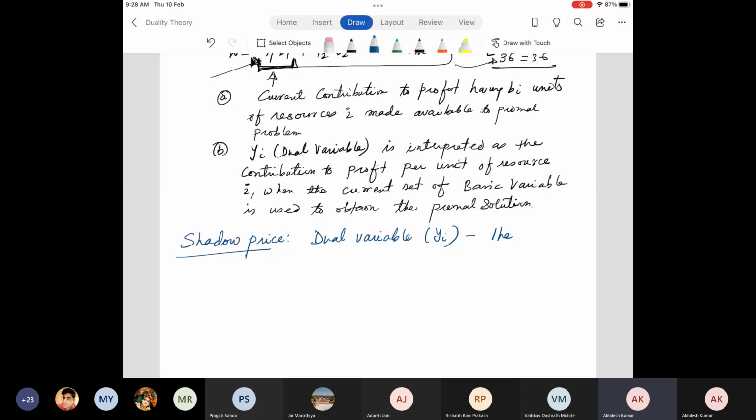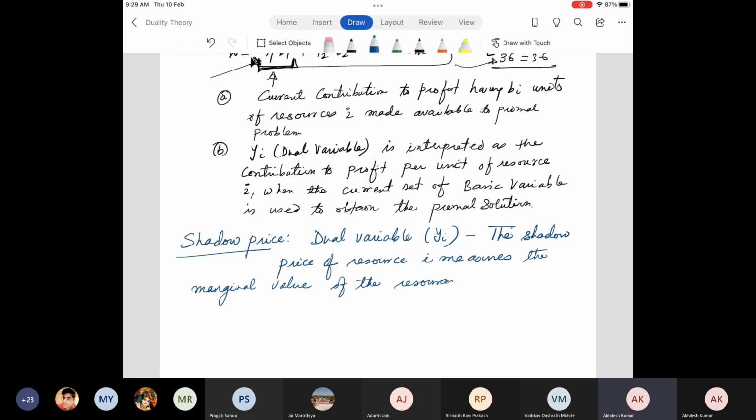The shadow price of resource i measures the marginal value of the resource.